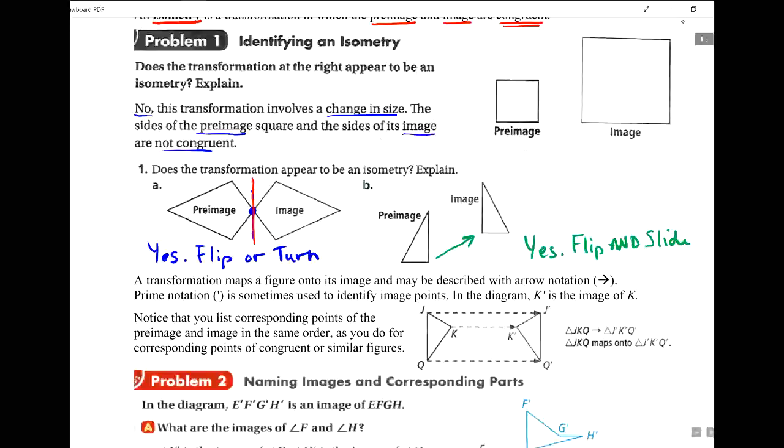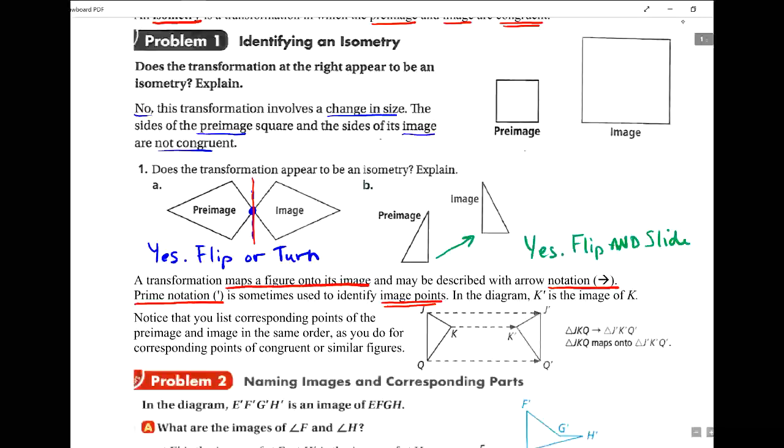All right. Some notation here. An arrow is used to show that your pre-image maps a figure onto its image. So we start out with the pre-image and then we say arrow, which means that it has gone through a transformation and maps onto the new image. And what we call prime notation, a little tick mark above there, is used to identify your image points.